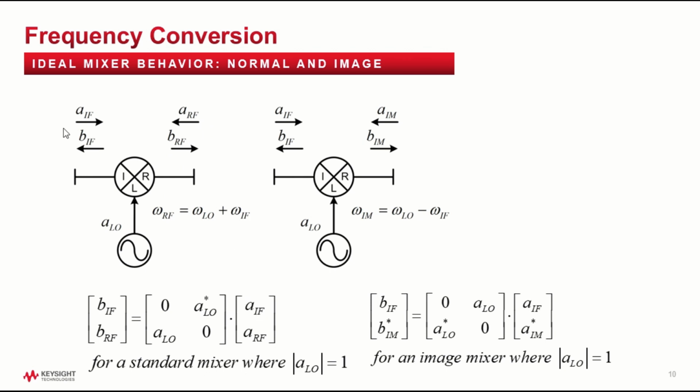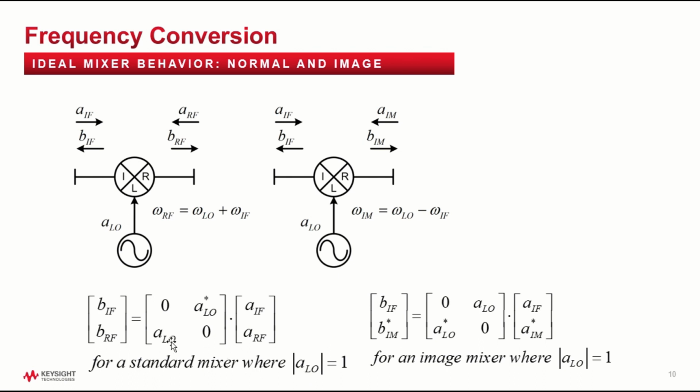But if AIF, the IF input signal, the A waves, meaning the incident wave, goes in, then the amount of signal that comes out is multiplied by the ALO. And this LO signal, we always treat it as though it is a kind of a constant magnitude 1. That's because the idea is when you drive the diodes hard enough, if the LO power changes, their conduction angle doesn't really change.